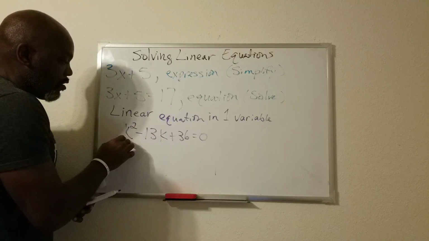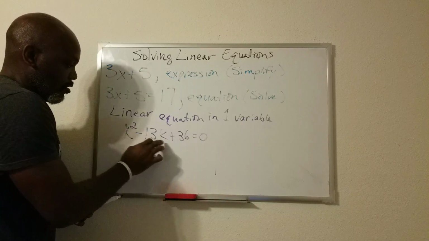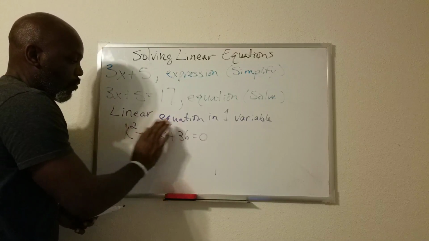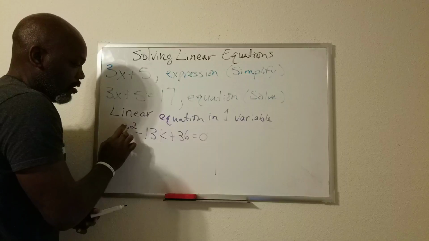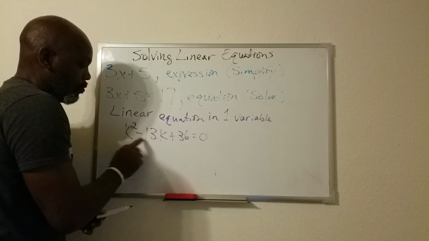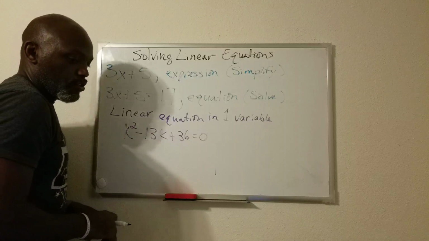The reason why it's in one variable is because there's only one letter, k. Yes, it's k squared, but that is not why it is a linear equation with one variable. It's because of the letter. There's only one letter in this particular equation.